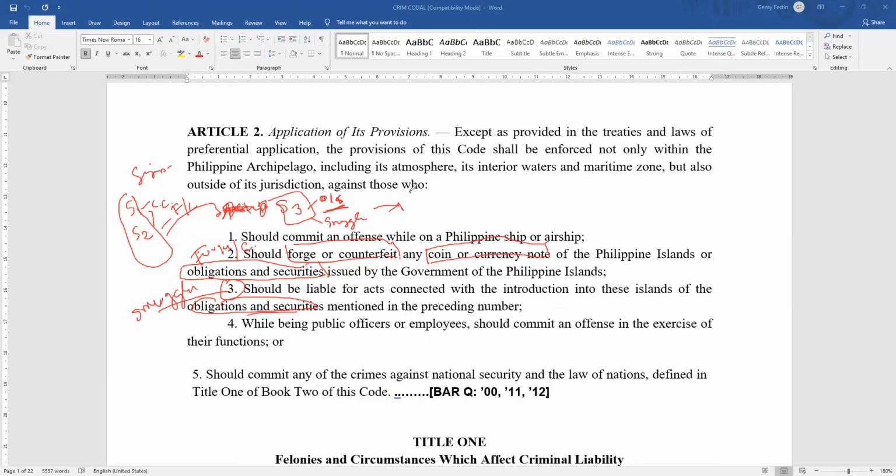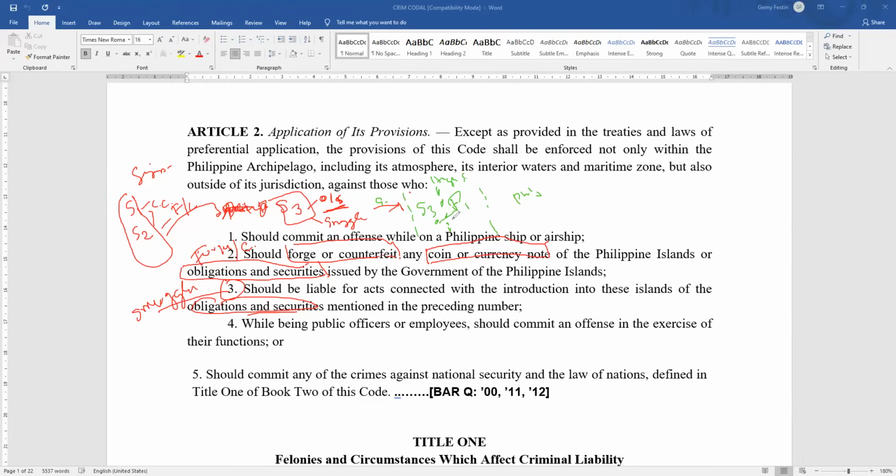So we have here the high seas. So itong boundary, high seas ito lahat. Philippines and Singapore. So si S3, binigay niya kay T1, his Filipino counterpart who is likewise a smuggler. Sabi niya, ito yung obligations and securities which was forged and counterfeited in my country.